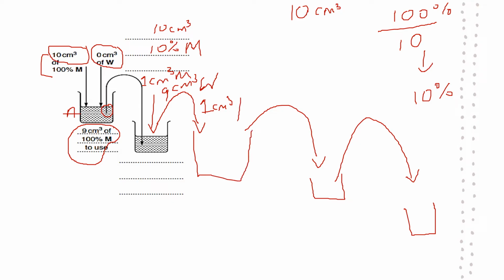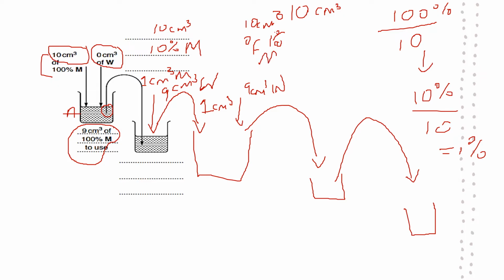You take another 1 cubic centimeter, you add 9 cubic centimeters of W, and that means you're now dividing that 10% by 10, and that gives you 1%, and so you write on top here 10 cubic centimeters of 1% M. Okay, I feel like I'm just writing in a hurried manner here. So for this third beaker, it's 10 cubic centimeters of 1% M. I hope that makes sense.